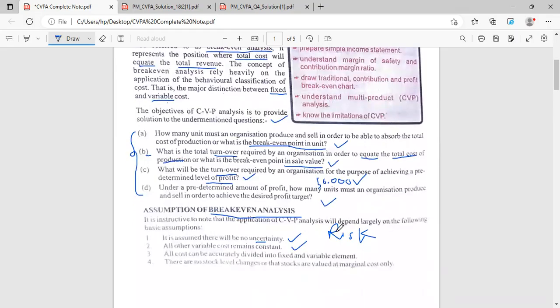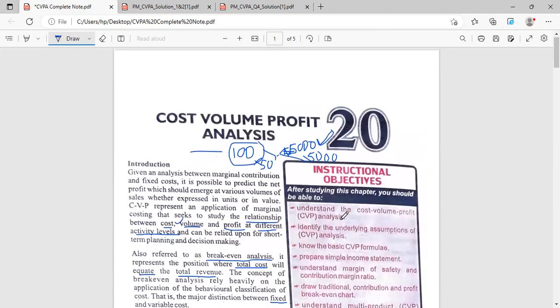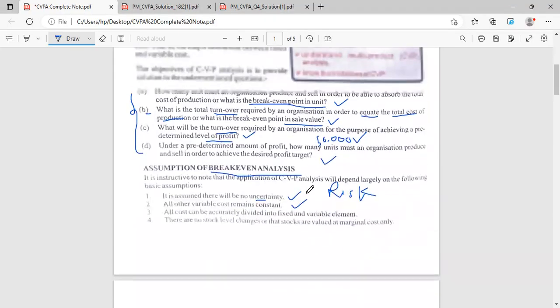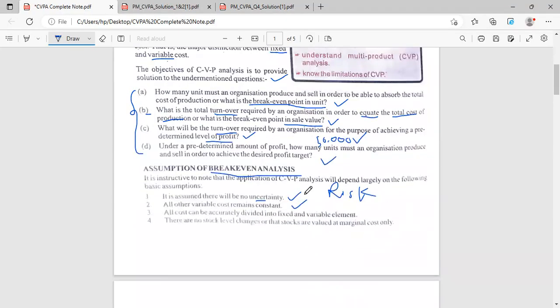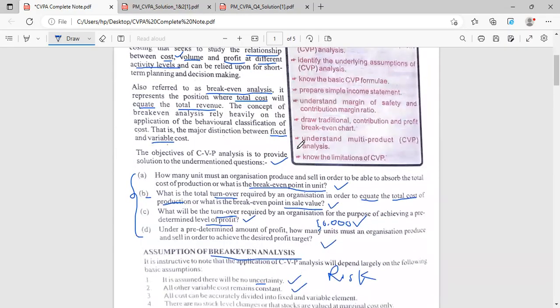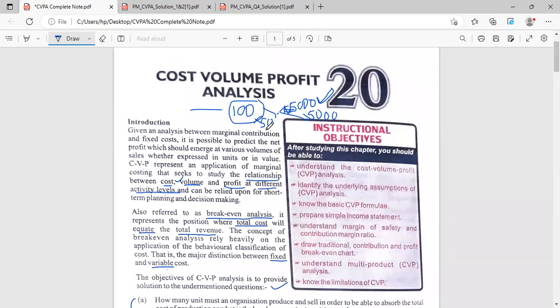Now, in business, there's what we refer to as risk. Risk simply means that if you decide something today, tomorrow there's going to be something that is going to make that thing you have decided today not to work. But under CVPA, this 50,000 naira, this 50 naira that you have decided, are you getting it? CVPA has told you that it's going to be the selling price. We are assuming that nothing is going to affect it in the future.